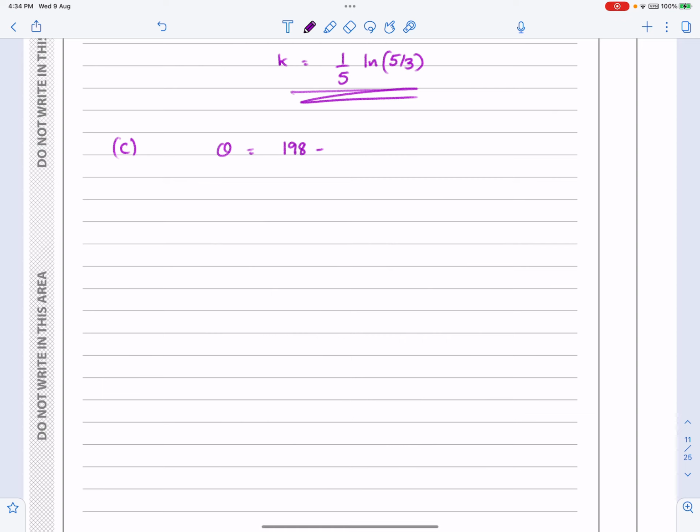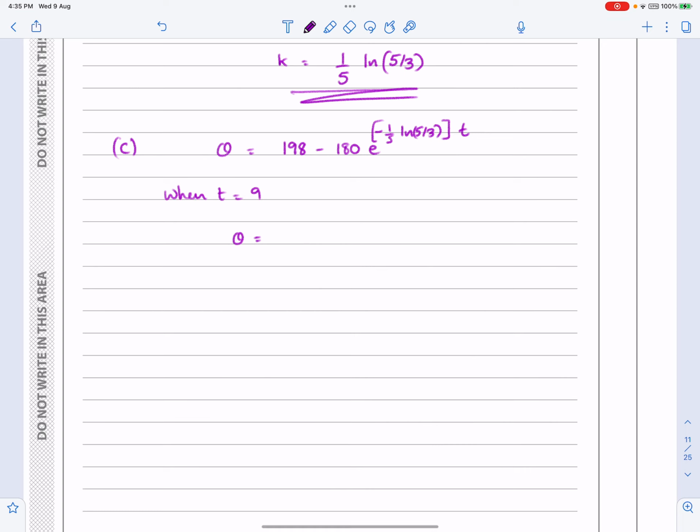So it's 198 minus 180 e to the minus kt, so that's to the minus a fifth log 5 over 3. That's all a constant times by t here. Just think about the way that you're setting that out, more just so that you don't make any mistakes when we're actually going through and doing this. So that's my equation, and we just want when t equals 9 in here.